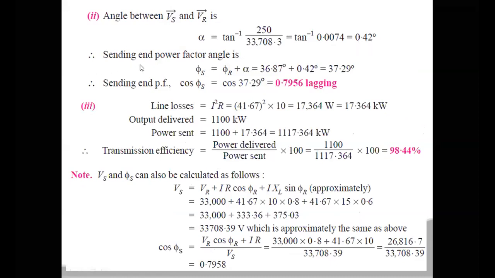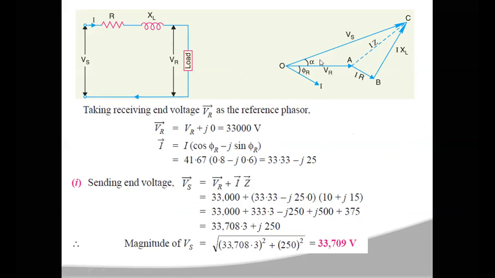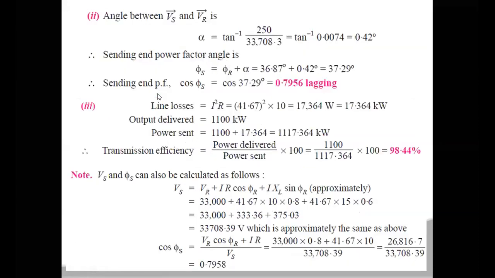Now the sending end power factor angle is phi s, which is phi r plus alpha, from the phasor diagram. The phi s value is the angle between your Vs and I. Alpha value you have calculated, and the phi r value comes from the receiving end power factor, cos phi r, which is given as 0.8.